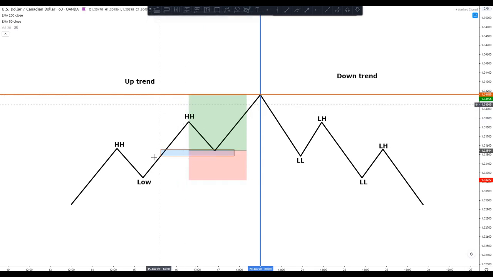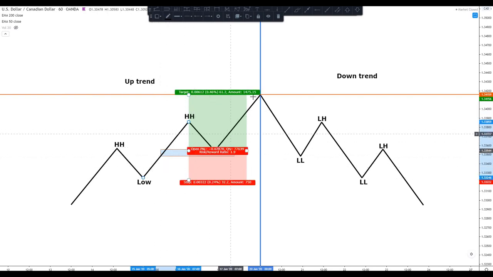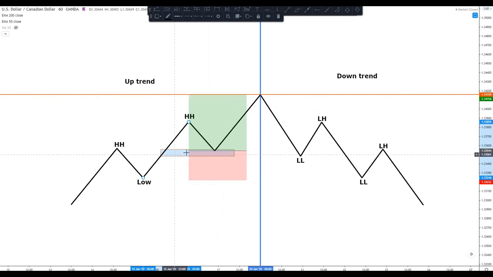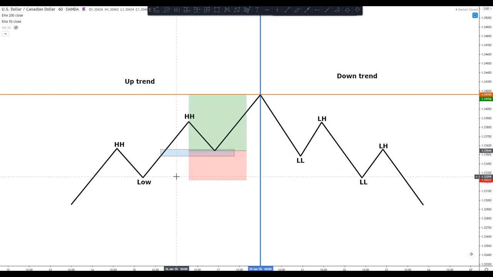It's called the ABCD pattern, but let's just call it an equal move higher. So we are targeting an equal move higher. We are buying between the 50 and the 61.8 Fibonacci retracement levels, and our stop loss is going to go below this low. Okay, so that is the uptrend buying a pullback strategy.